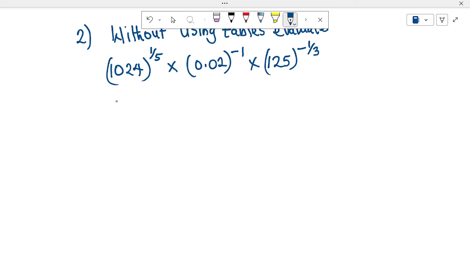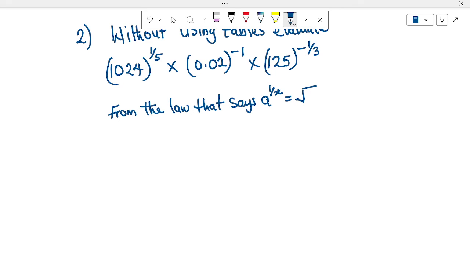We know that from the law that says a raised to power 1/x is what?